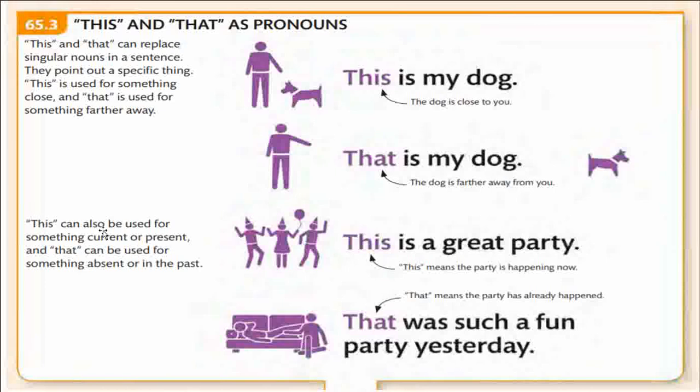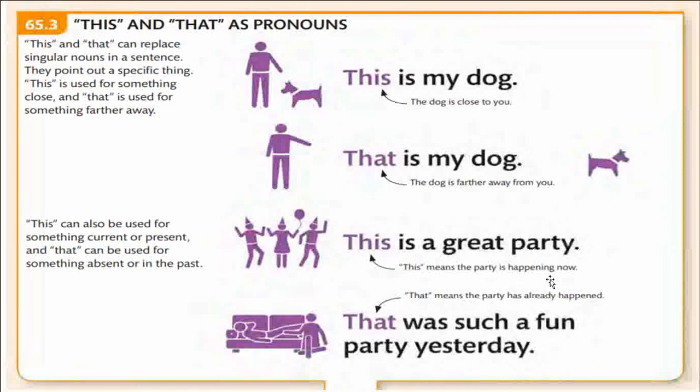Now, this can also be used for something current or present, and that can be used for something absent or in the past. We have seen this rule earlier, but let us see it as a pronoun. If I were to say it is a great party, it is a pronoun. Now, if I replace the word it and I say this is a great party, I'm talking about some current or present thing.